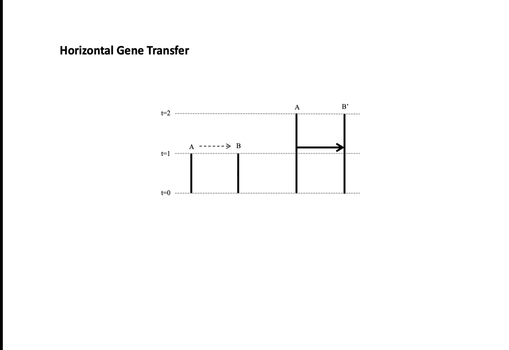Here at time 0 you have two species, and then at time T1 there's a transfer of some genes from species A to species B. Examining their sequences at a later time, you find that for most genes there's a separation between A and B prime, that other species. But in other genes, there's very little change among the genes. And so in some cases, that would confuse phylogenetic analyses.